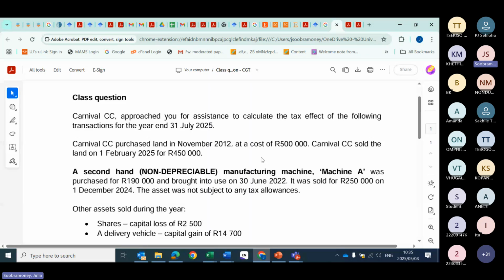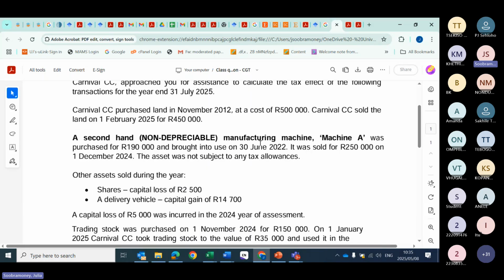Okay. A second-hand non-depreciable manufacturing machine, machine A, was purchased for 190,000 and brought into use on the 30th of June 2022. It was sold for 250,000 on 1 December 2024. The asset was not subject to any tax allowances.